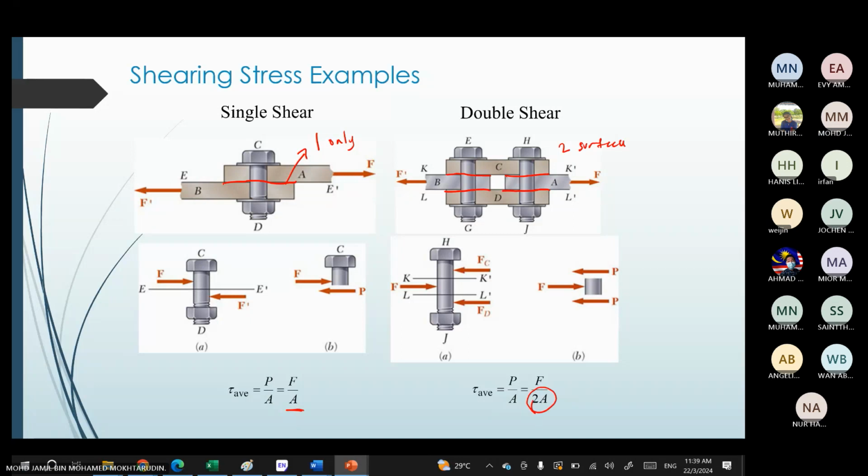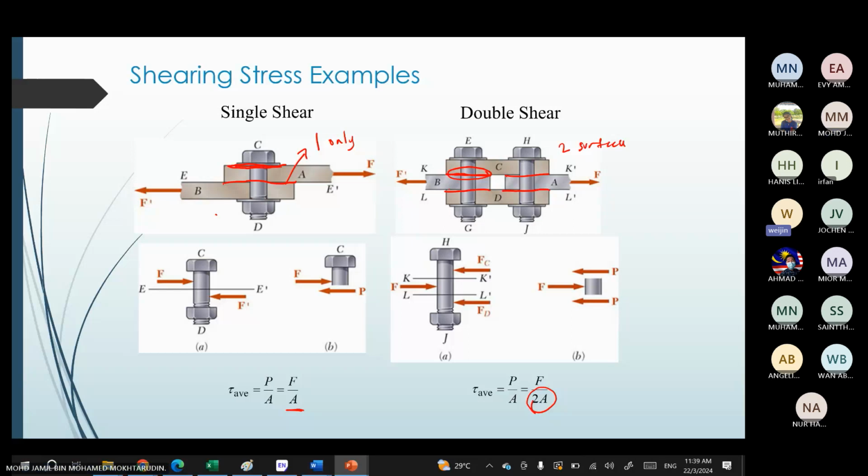Okay? Sir, at the bottom of C, there is also shear force, right? Bottom of C and the top of D. This figure. Just below the C, the plate.